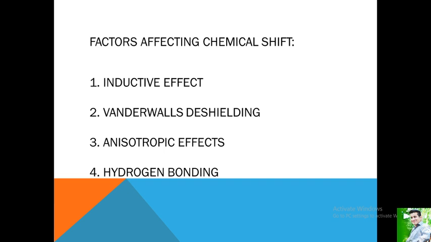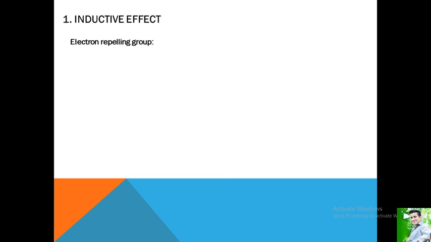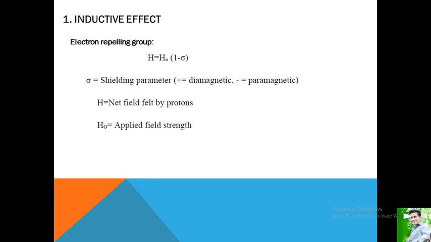The electron repelling group, that is a diamagnetic substance, generates a small magnetic moment opposed to H0. Then it produces a shielding effect around the nucleus. A nucleus finds itself in an effective field which is somewhat less than that of the applied magnetic field.